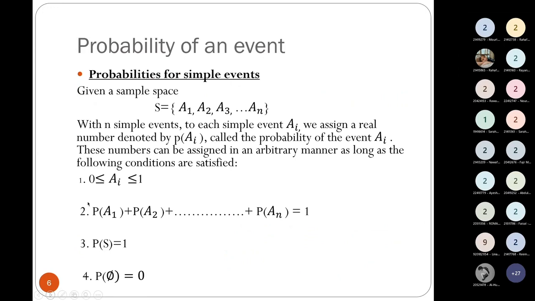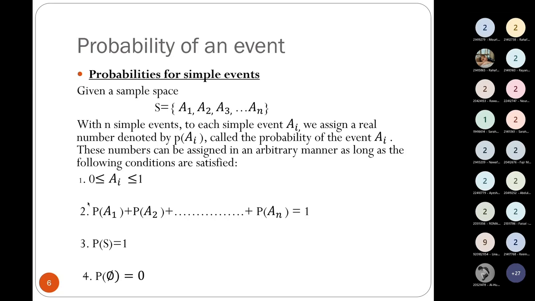Okay. The probability of events: if we have the sample space and the sample space contains the events A1, A2, A3, okay?